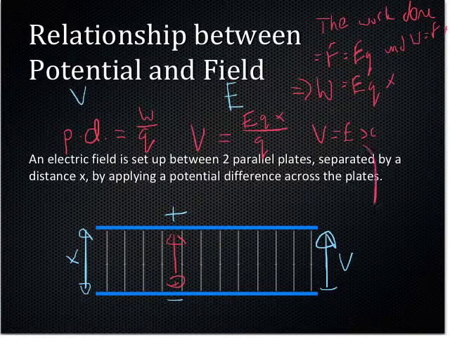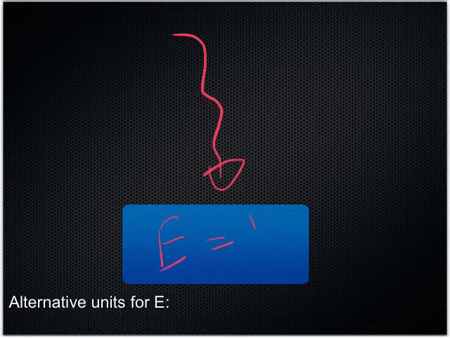Or, if you remember from last year, E equals V over d. Sorry, I probably should have used that space before, but going all down here, and then we write E equals V over d, what we had before. And so the alternative units is volts per meter.